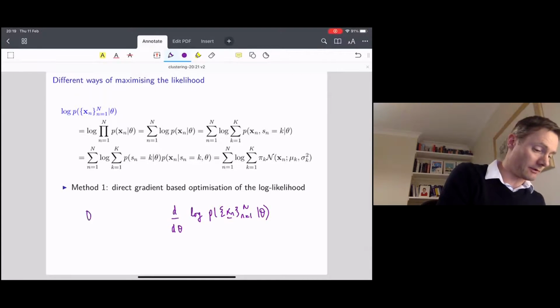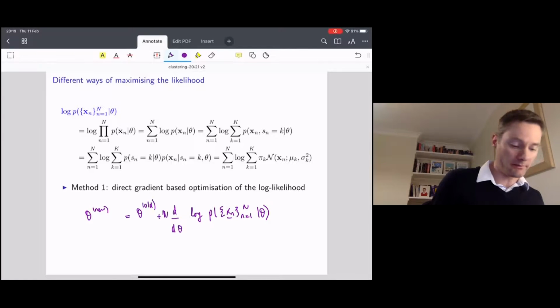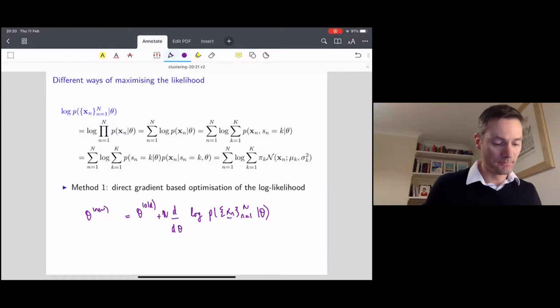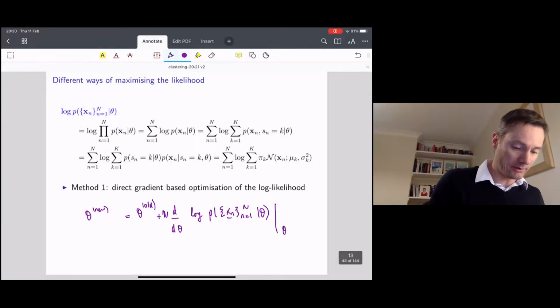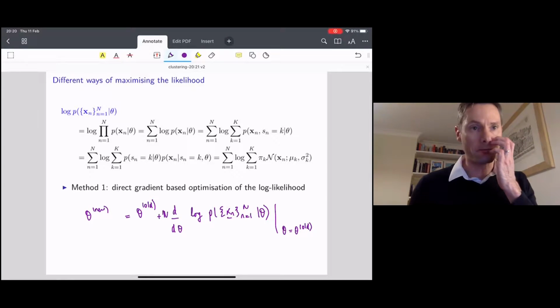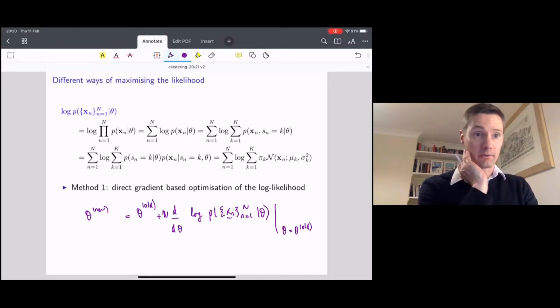For instance, we could use gradient ascent. So theta new would just be equal to theta old plus some learning rate times the gradient, where this thing was evaluated at theta equals theta old here. We could compute some gradient-based optimization like gradient ascent on this thing.